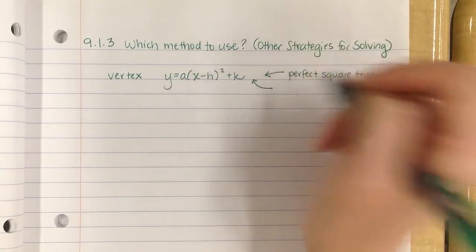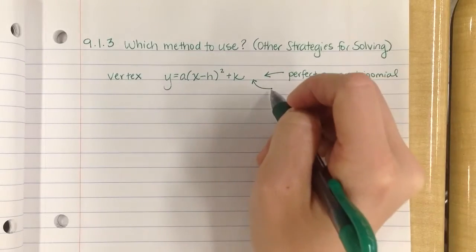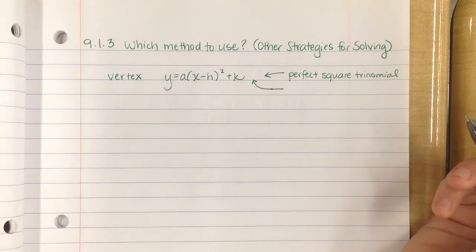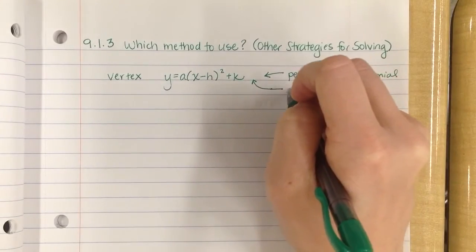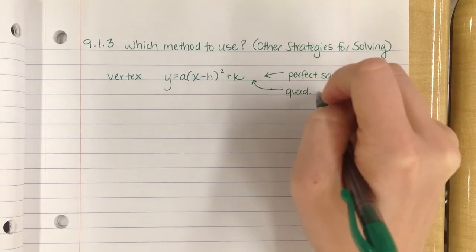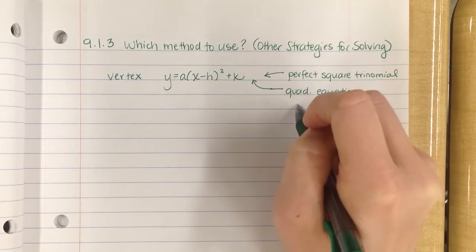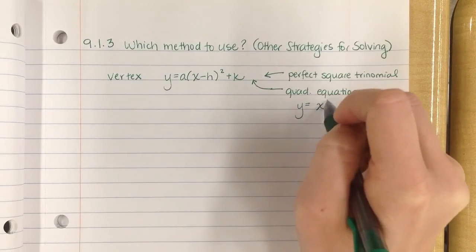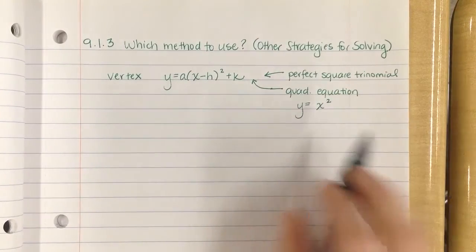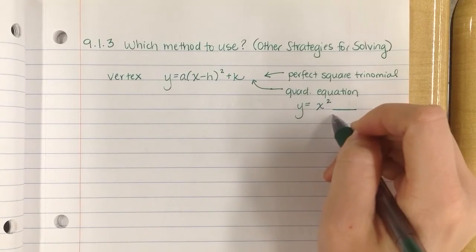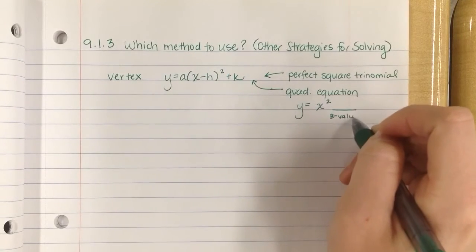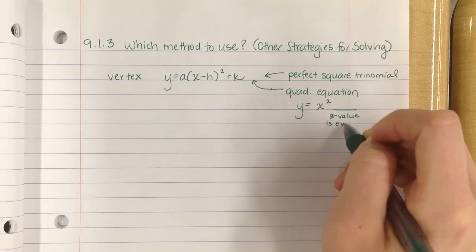The other situation that might be simpler to use vertex form would be if we have a quadratic equation that has the x squared all by itself, meaning that we have an equation such as y equals x squared, and then whatever the b value is, if it's even.